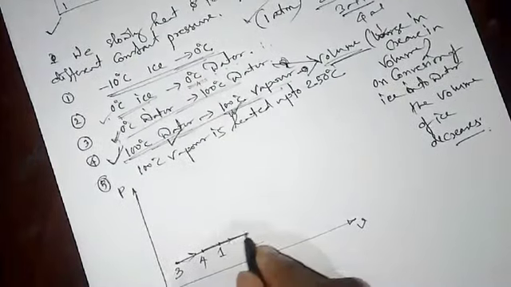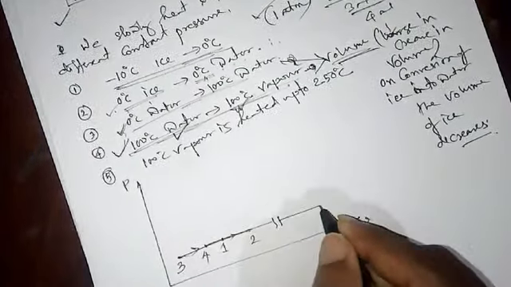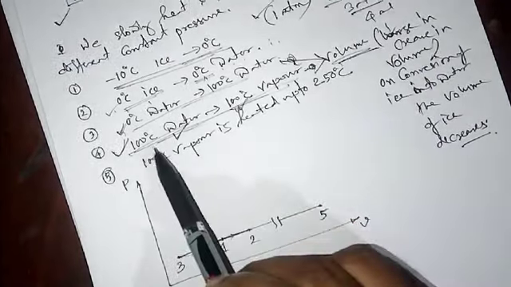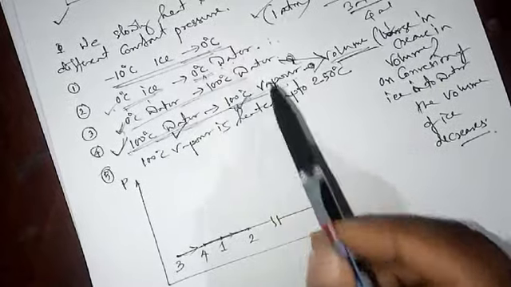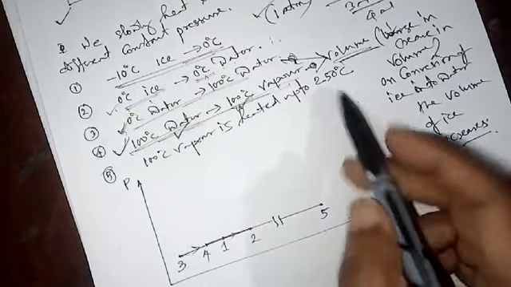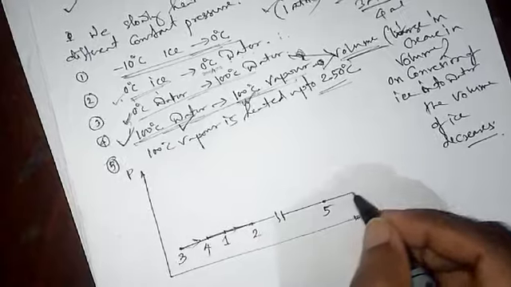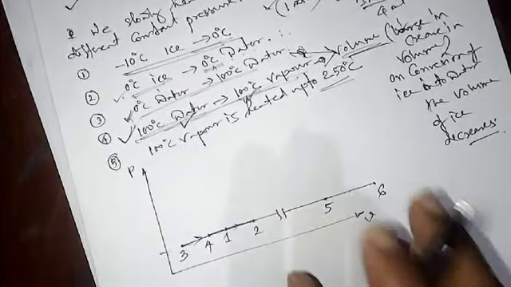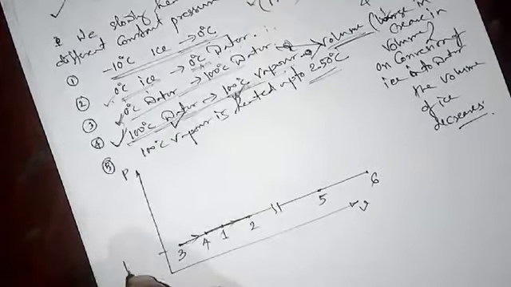So I consider this one. After the whole water is converted into vapor, this vapor is further heated up to 250 degrees centigrade, which is denoted by step 6. All these processes are done at a constant pressure of 1 atm.